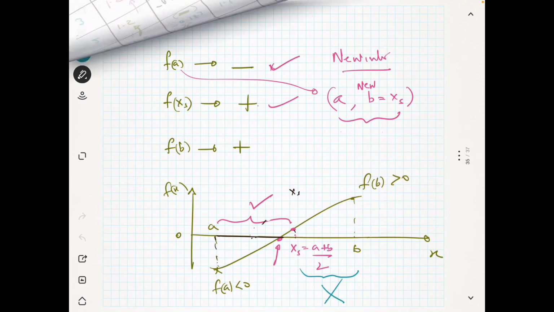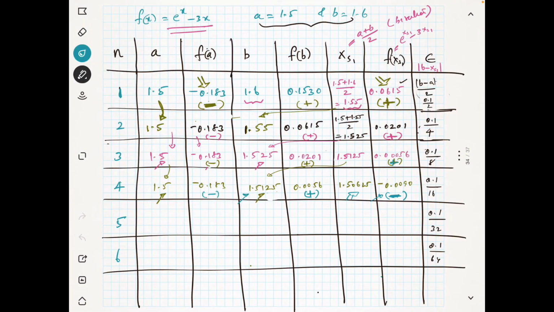My x's is 1.50625, and my new b is nothing but the old b, 1.5125. And I know the value 0.0056, and 1.50625 has the function value which is negative, minus 0.0090. So I got it.